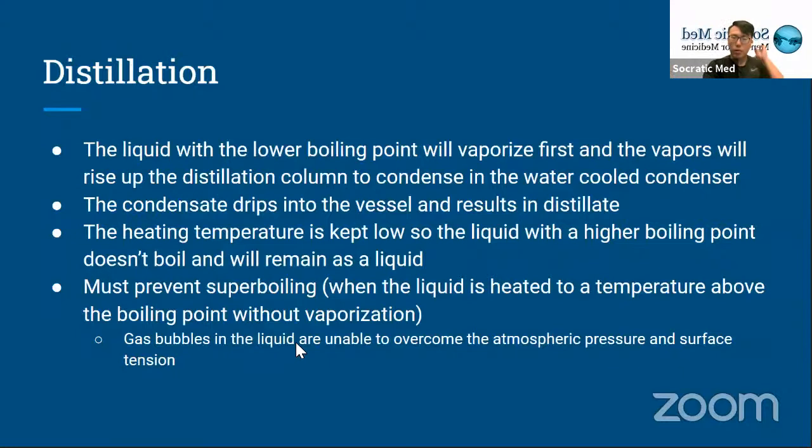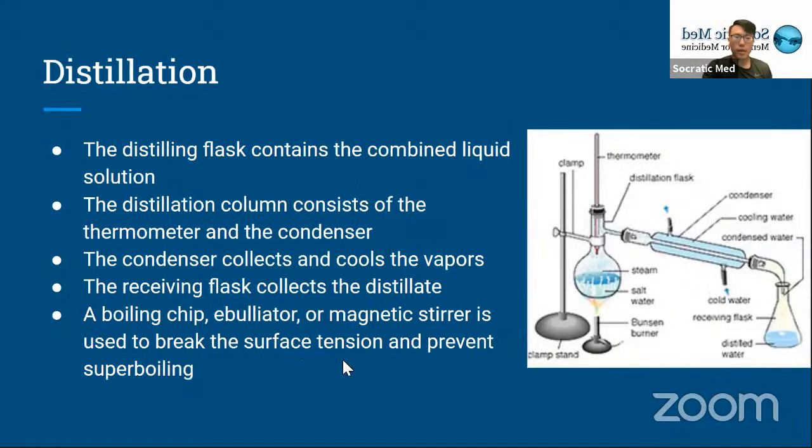In order to prevent that, we use a boiling chip or a magnetic stir bar that you put in the distilling flask that basically just swirls around in the flask, or there's also another thing known as an ebullator.